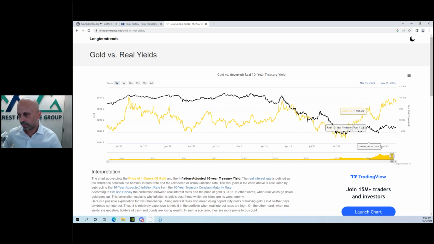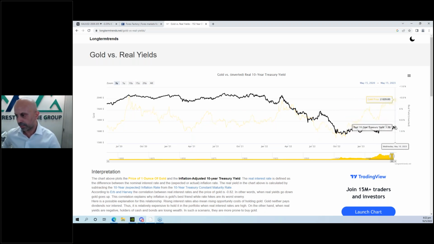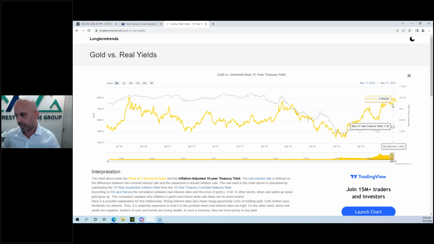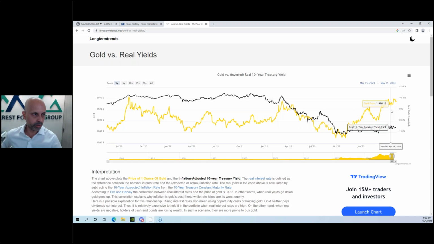By just seeing the direction of real yields, we can see where gold prices are expected to head as well. Of course, you can combine this with your technical analysis on a daily chart or a shorter time frame, and with your preferred indicators, to identify potential entry and exit points.